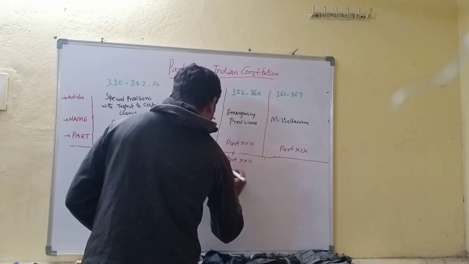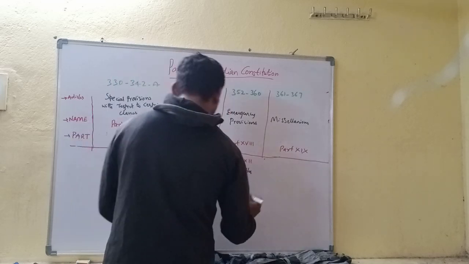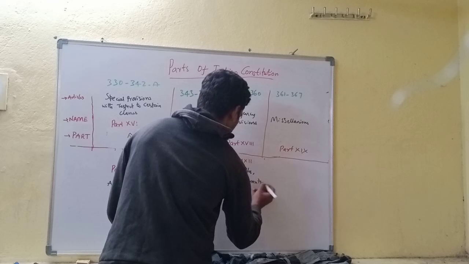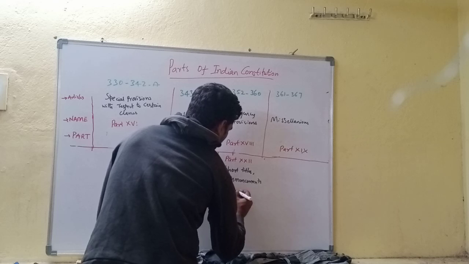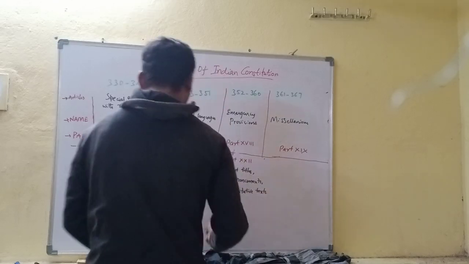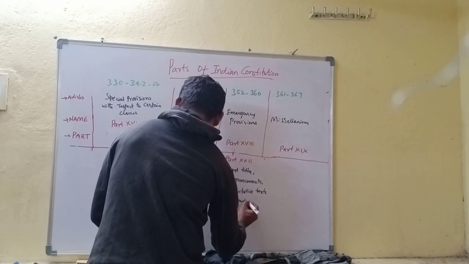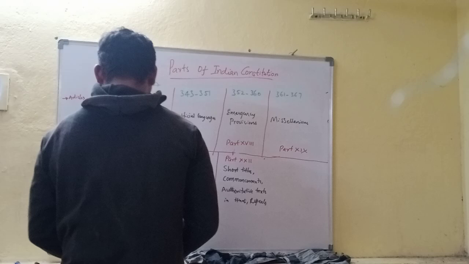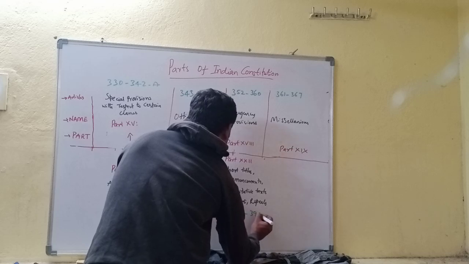Part 22 is about short title, commencement, authoritative text in Hindi, and repeals. Articles 393 to 395.